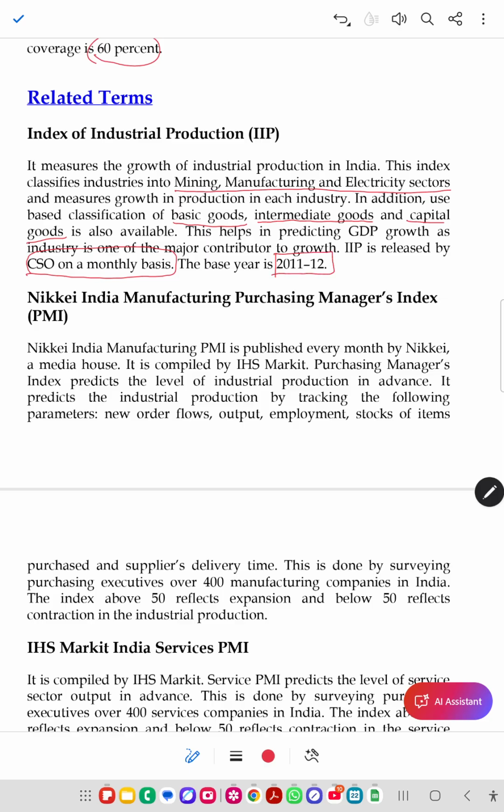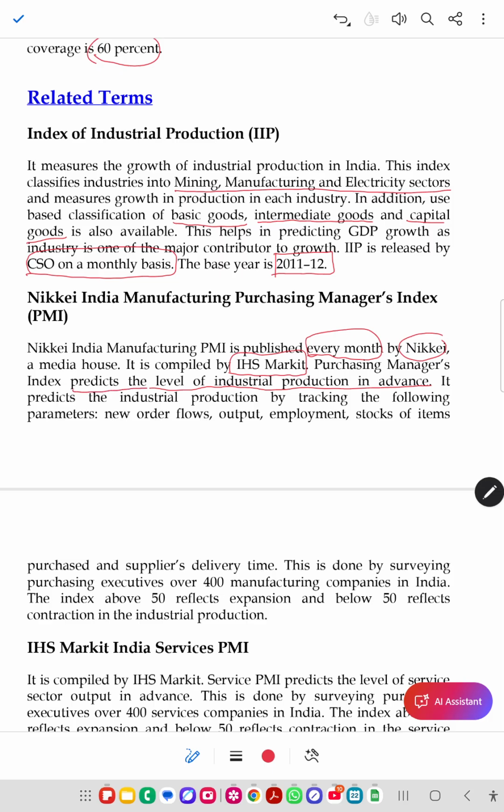Nikkei India Manufacturing Purchasing Managers Index. It is published every month by Nikkei Media House and compiled by IHS Markit. The Purchasing Managers Index predicts the level of industrial production in advance.